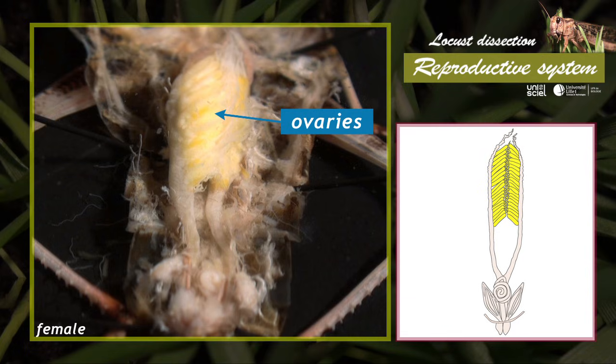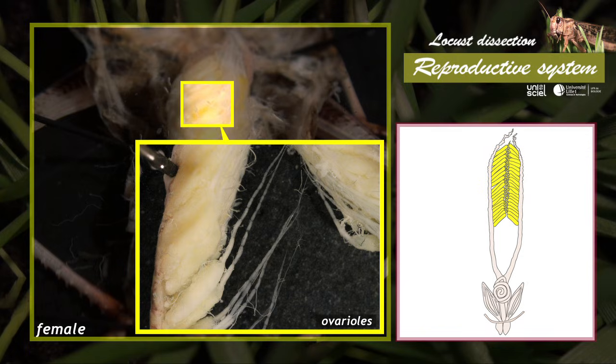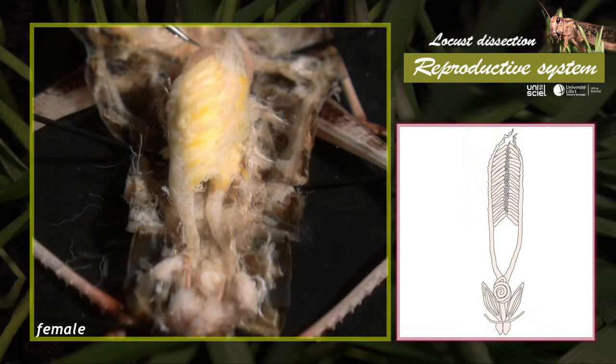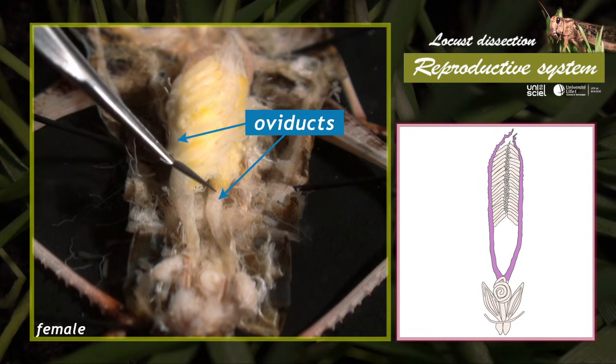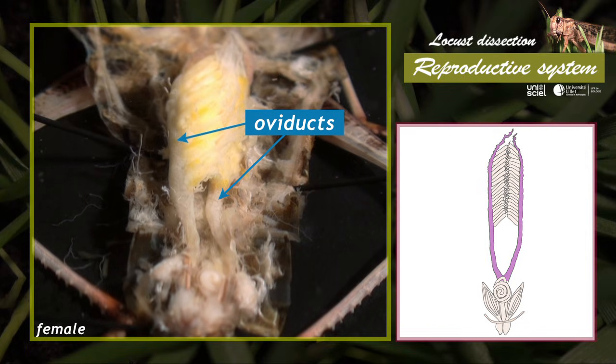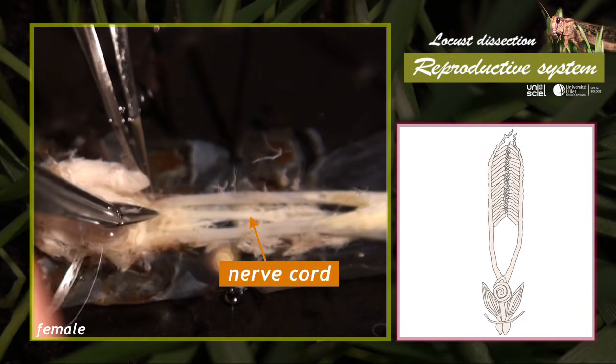At sexual maturity, each ovary consists of a variable number of ovarian tubules or ovarioles, containing bright yellow ovocytes. The ovaries are ventrally connected with two large oviducts. The two oviducts join beneath the nerve cord to form the vagina.